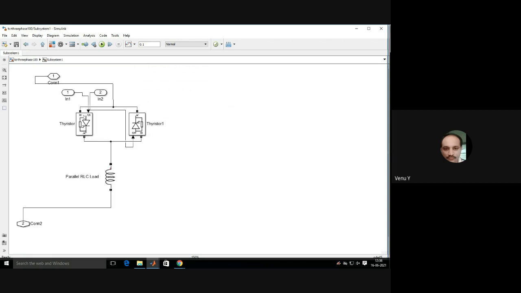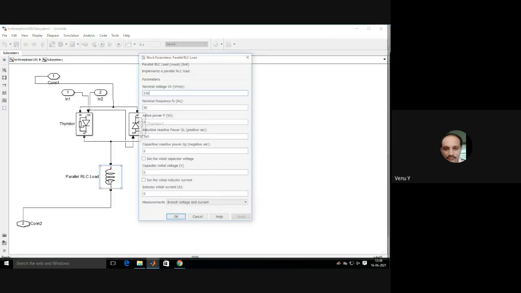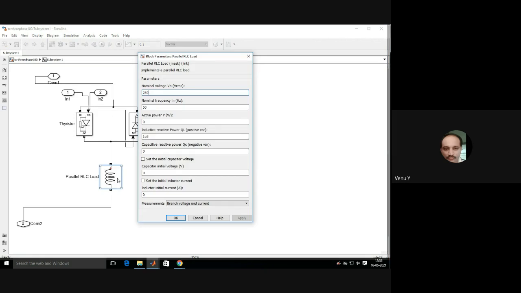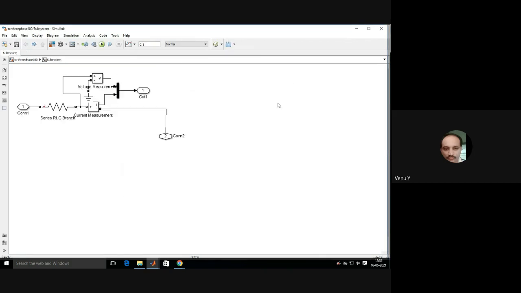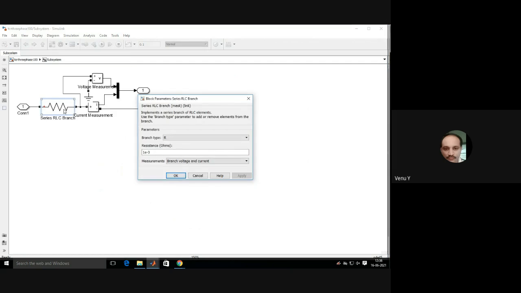This is the TCR subcircuit, which contains thyristors 1 and 2 in antiparallel combination connected in series with the inductor. For this inductor you can also use the RLC load, in which the inductive reactive power is 1 e power 5, voltage 230 volts, and the resistance as usual 1 milli ohm.